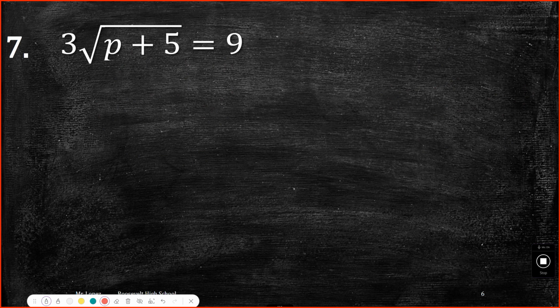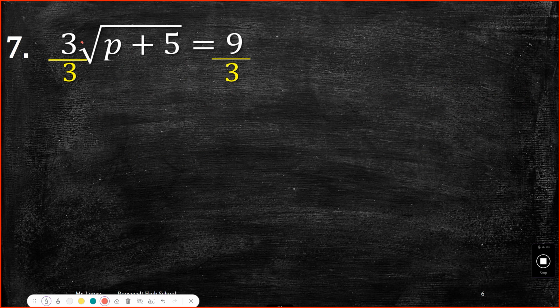What needs to go away first? The 3 needs to go away first. So how do we get rid of that 3? The operation between them right now is multiplication, so you need to divide by 3 both sides.